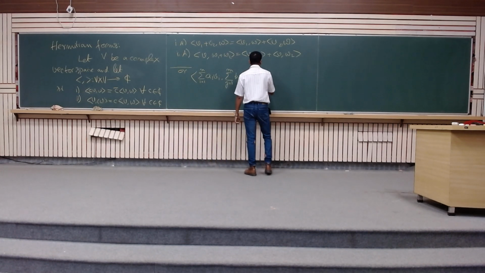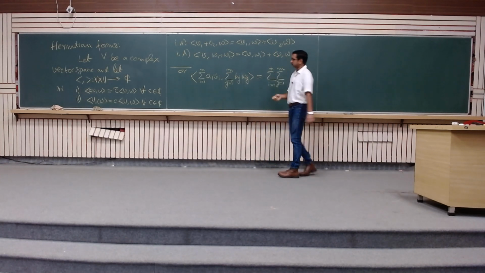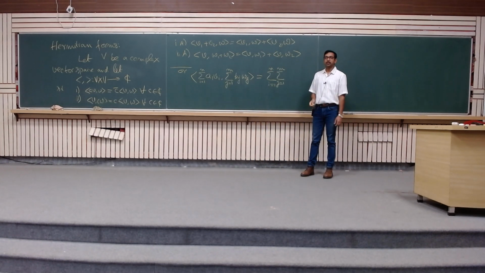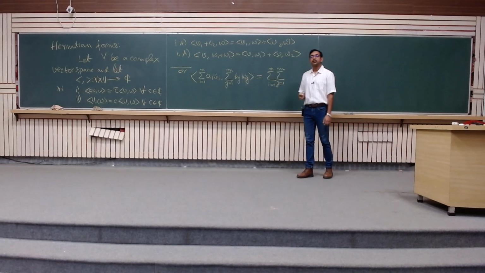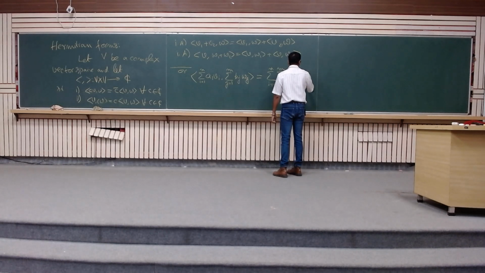This would be the summation over i from 1 to n, and over j from 1 to m, of a_i bar b_j (V_i, W_j).